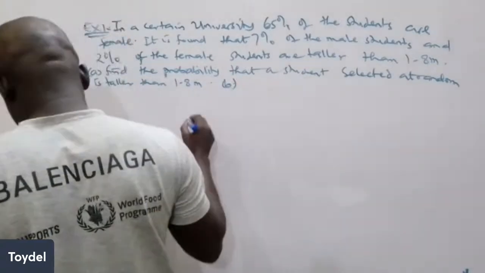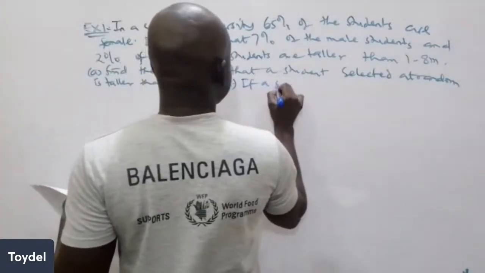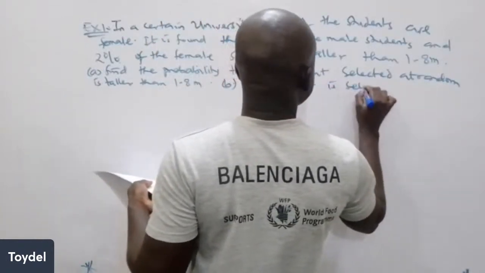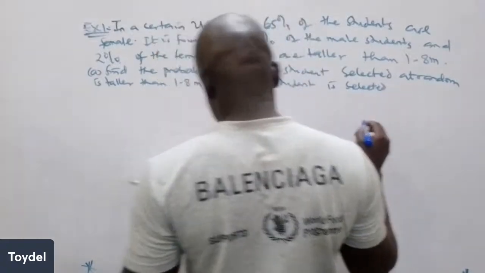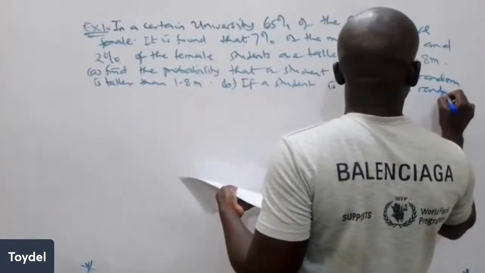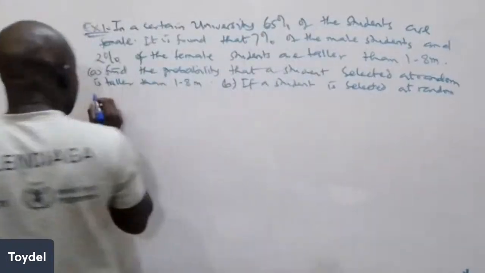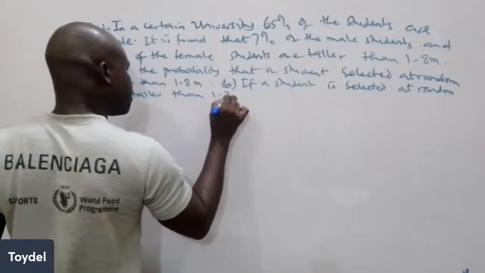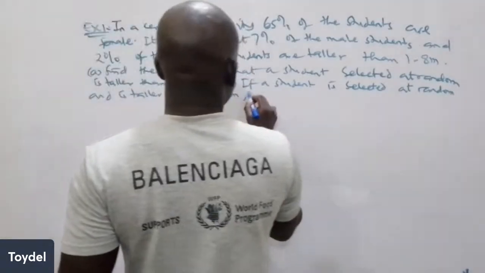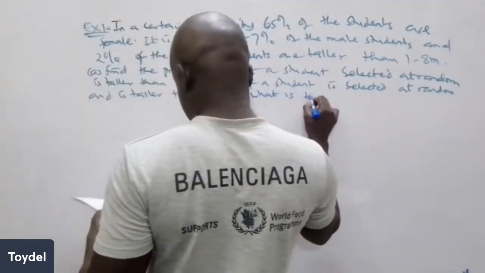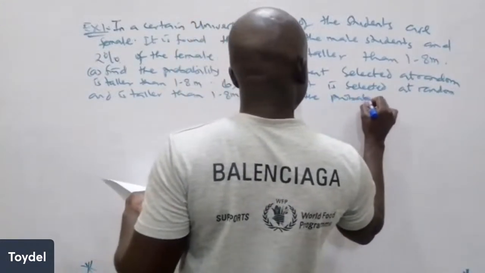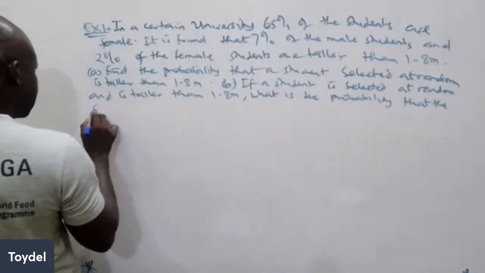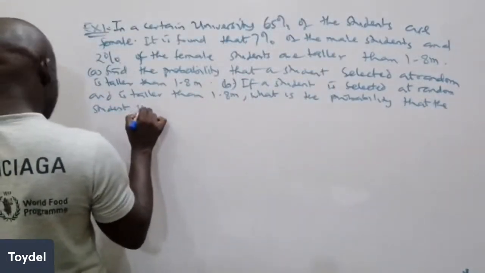Then the second part of the question: if a student is selected at random and is taller than 1.8 meters, what is the probability that the student is a male?